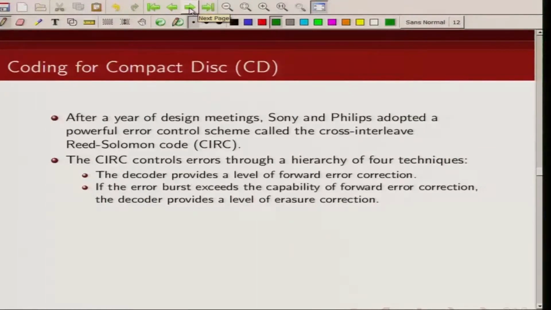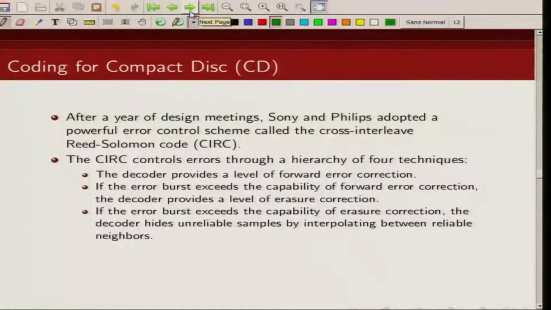In addition to error correction, there is also erasure correction, and an erasure is a bunch of neighboring bits getting erased, not being able to be recovered. So the decoder has this capability.